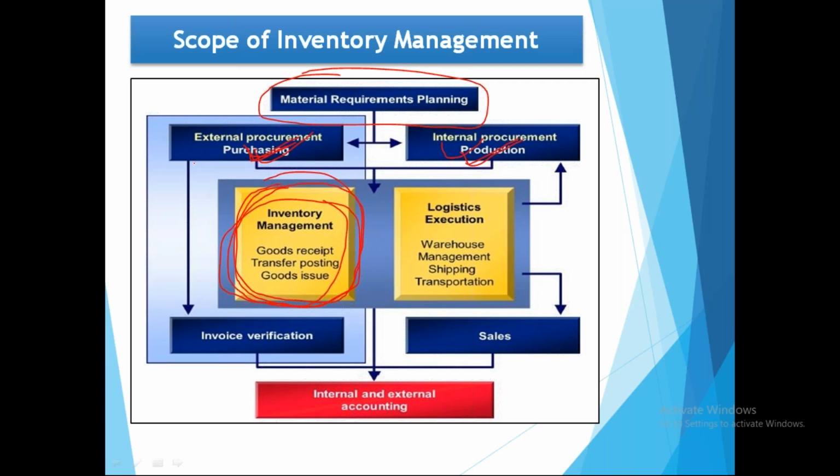If it is an externally procured material, you will do the invoice verification and make the payment to the vendor. If it is an internally produced material, you produce it, put it in the stock, and then sell the product to the customer. This is what happens. So inventory management supports the MRP function, and at the same time it supports all the logistics functions.